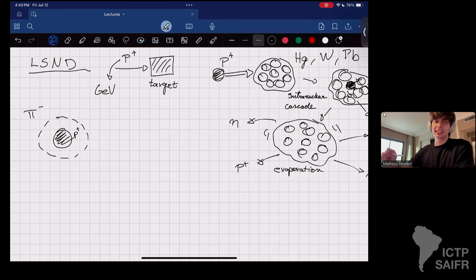So the pi minuses get very efficiently captured and essentially react with the protons inside of these nuclei to produce neutrons. So the pi minuses basically disappear. But the pi pluses don't get captured, because the nuclei are positive, and the electrons are too light to form atoms with the pi pluses, and those pi pluses will decay.